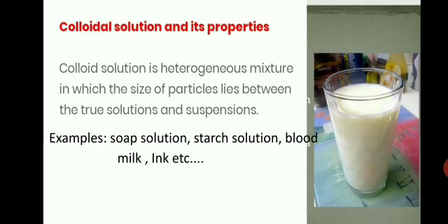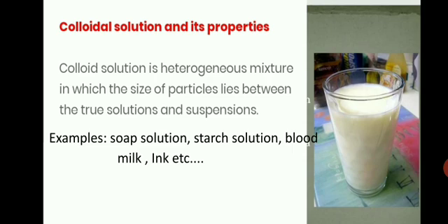So how can we define colloids? A colloid solution is a heterogeneous mixture in which the size of particles lies between true solution and suspension. Or you can define it in another way: a colloid is a kind of solution in which the size of solute particles is intermediate between those in true solution and those in suspension.